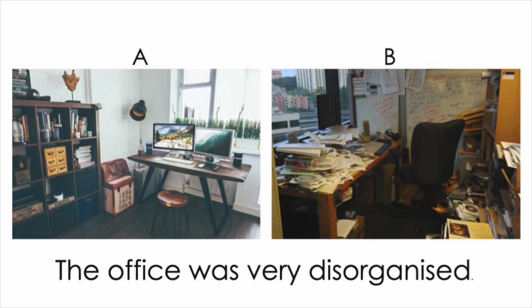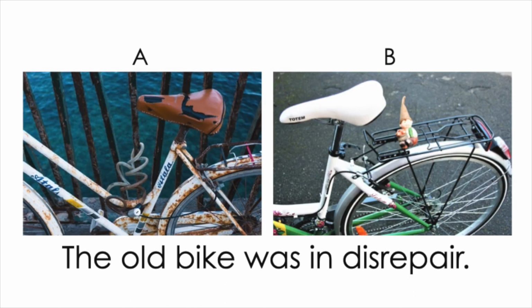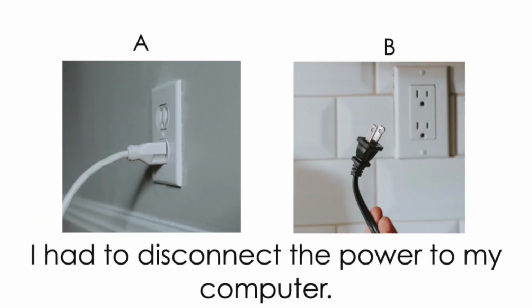First one. The office was very disorganised. Is it picture A? Is it picture B? Next. The old bike was in disrepair. A or B? Number 3.